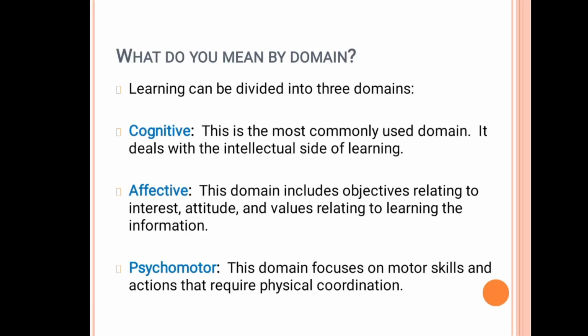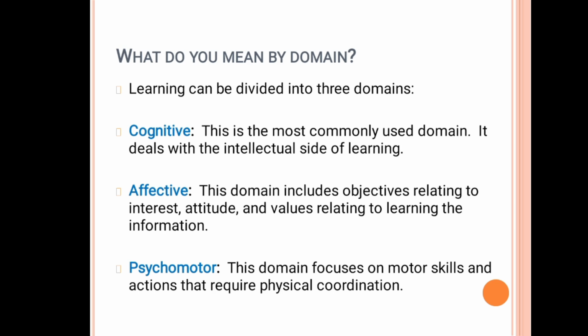So first, what do you mean by domain? Learning can be divided into three domains. First is the cognitive domain. This is the most commonly used domain. It deals with the intellectual side of learning. Second is affective. This domain includes objectives relating to interest, attitude and values relating to learning the information.